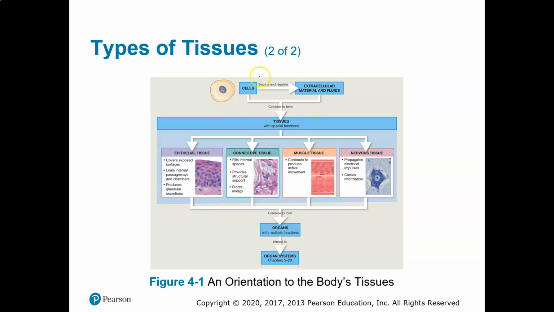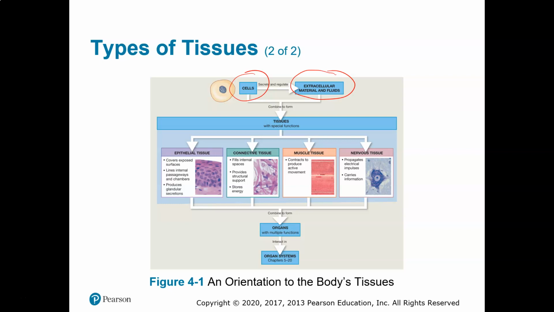Tissues form from cells and extracellular material and fluids, sometimes protein fibers and extracellular fluid or tissue fluid. And sometimes tissues are just formed from cells, very little extracellular material.